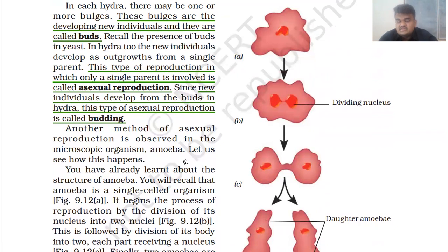See here in figure 9.12a, it is a single cell only. It begins the process of reproduction by the division of its nucleus into two nuclei. In the second figure, you can see that it is dividing into two nuclei.